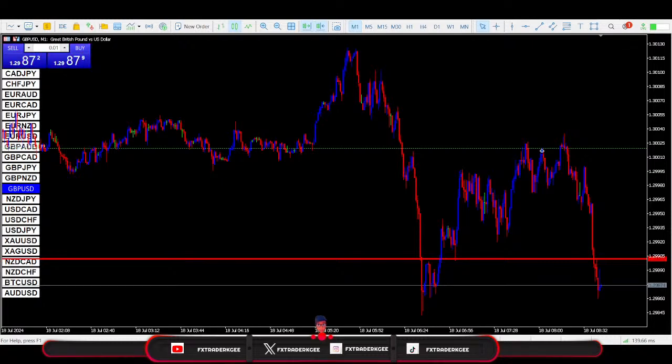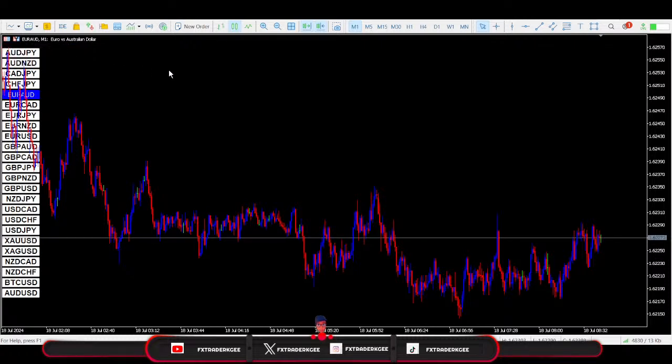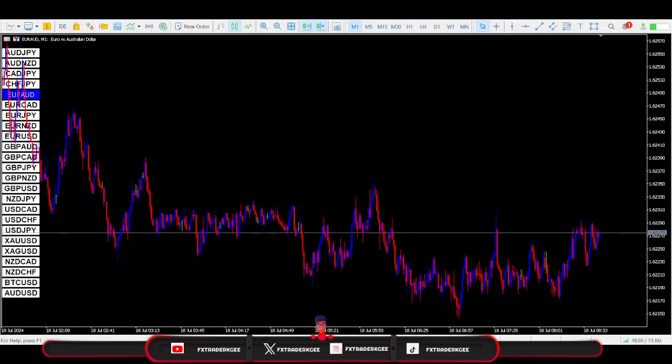And today we'll be looking at just a few financial assets: GBP USD, which is what I currently have, and I'll be looking into Euro Australian dollar, and also AUD New Zealand.